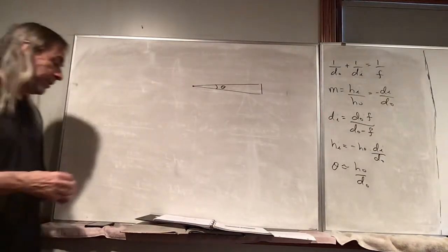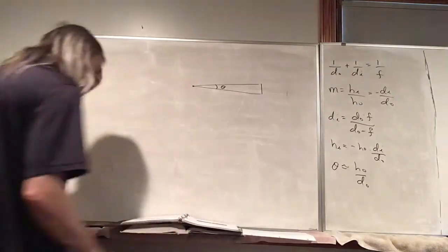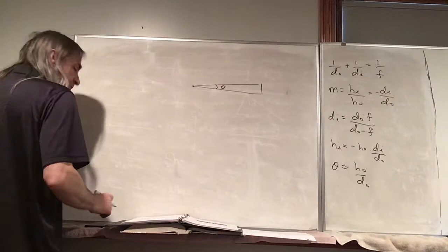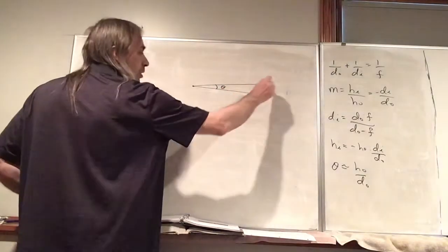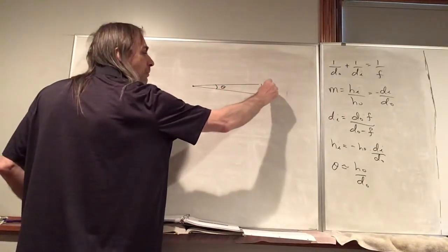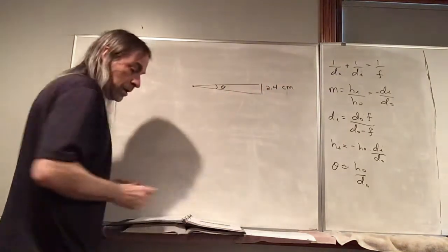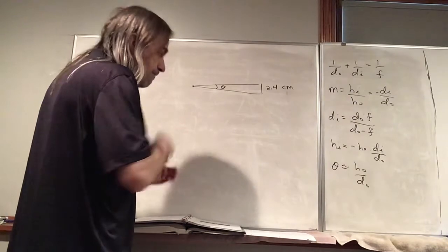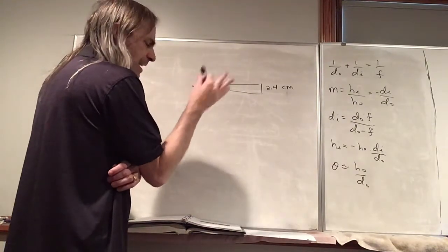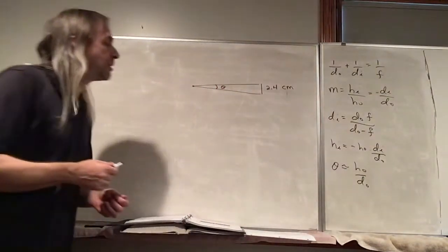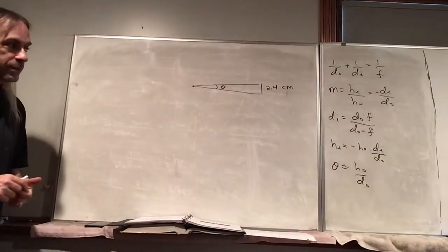To start with, here we have a quarter with a diameter of 2.4 centimeters. So here, let's say this is the quarter. I didn't even define magnification yet. Theta is the angle subtended by the object.